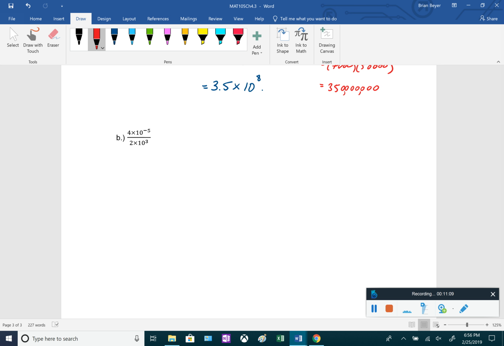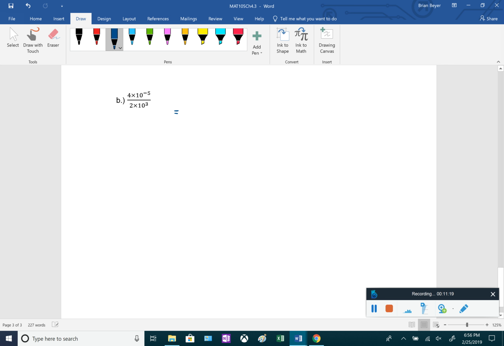Okay, so doing one more here with dividing. It's 4 times 10 to the negative 5 divided by 2 times 10 to the 3rd. For these ones, it's similar to what we just did. We're going to divide the numbers out front, and then combine the powers of 10 using the quotient rule in this case. So 4 divided by 2 is 2.